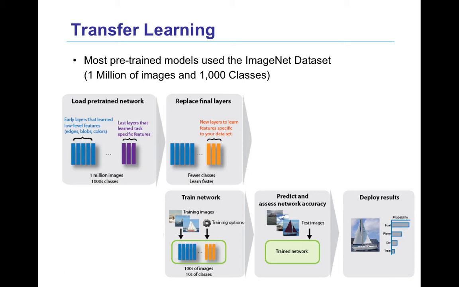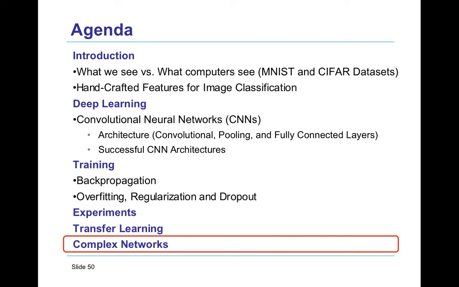Okay, so the last topic here, I want to show you the state-of-the-art ones, the more complex networks, and you're going to see that they are getting huge, right? They are a mix of every type of layer, but notice that all of them have convolutional blocks.